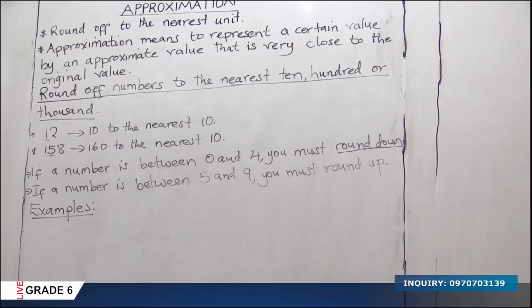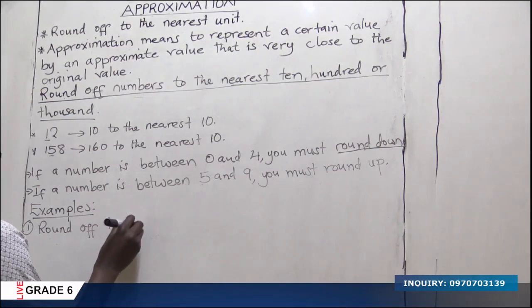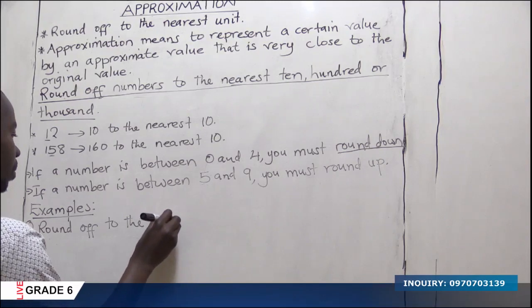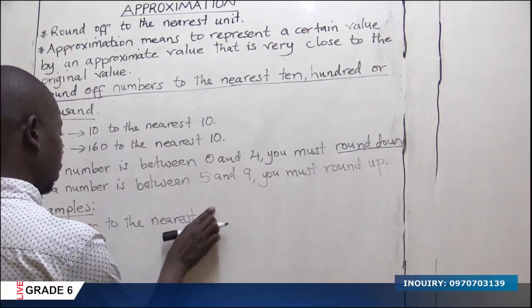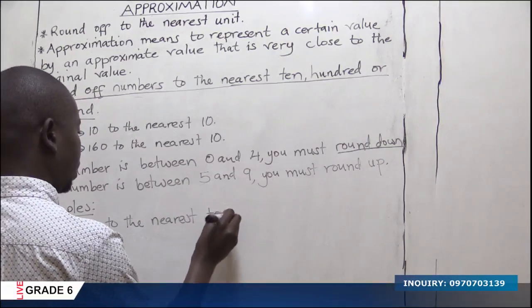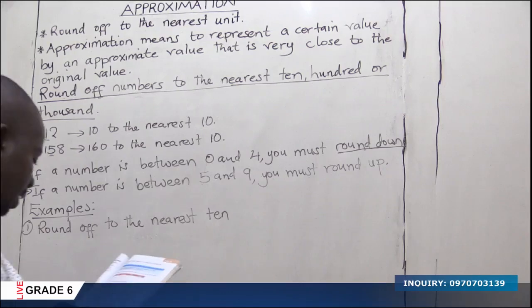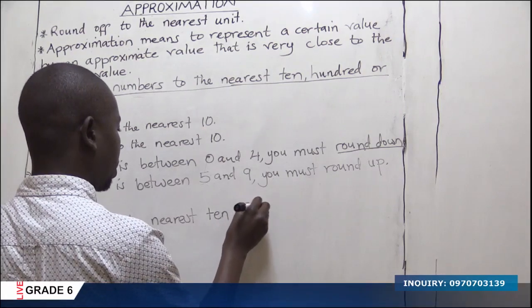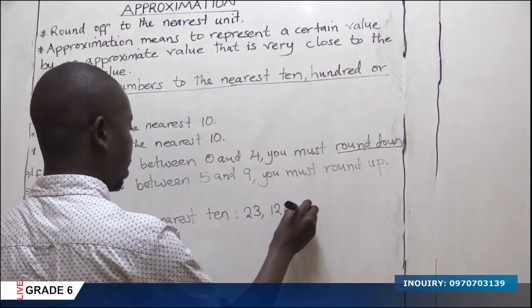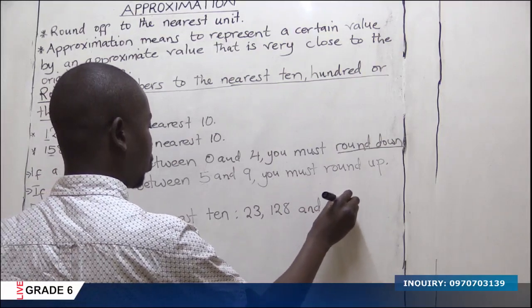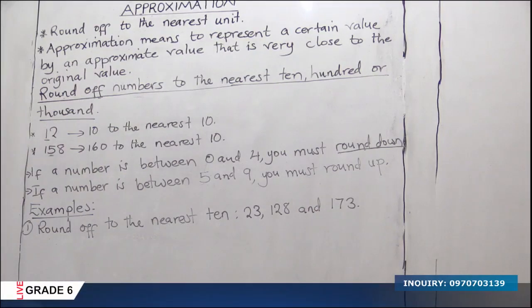Number 1 says round off to the nearest 10. We are given 23, 128, and 173. So you round off to the nearest 10.